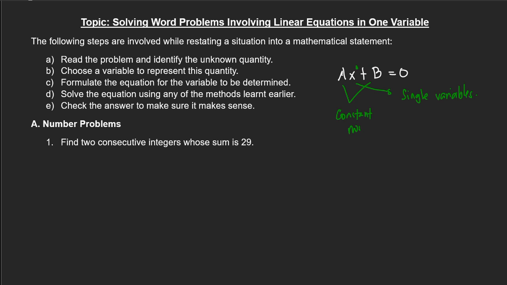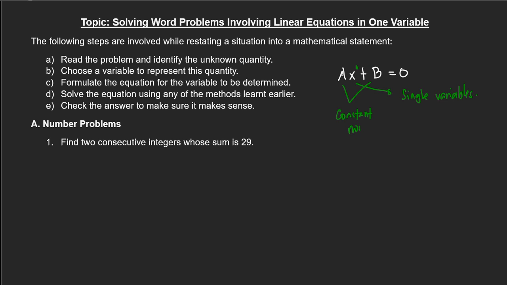Then third, you have to formulate the equation for the variable to be determined. So, based from your variable, you have to create your own equation. And fourth, solve the equation using any of the methods learned earlier.